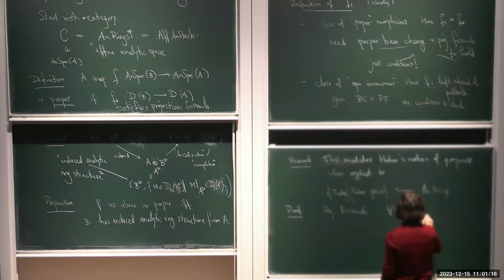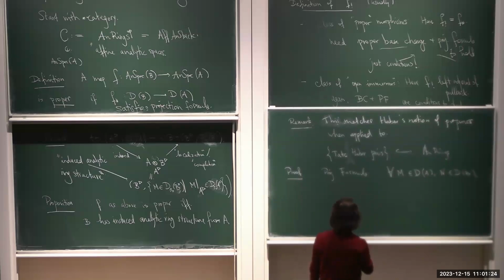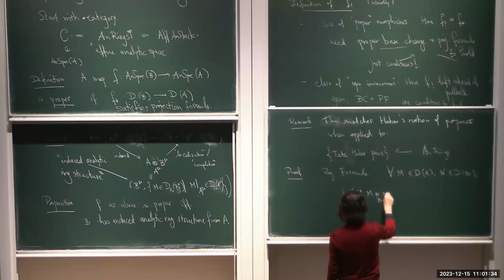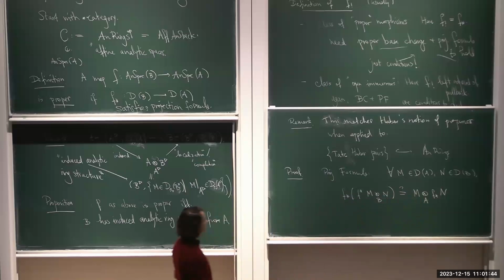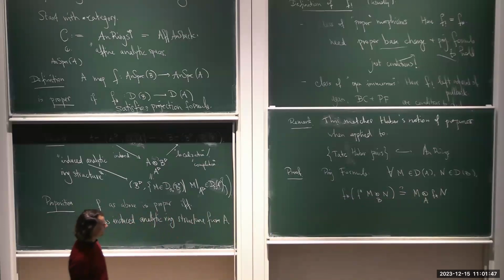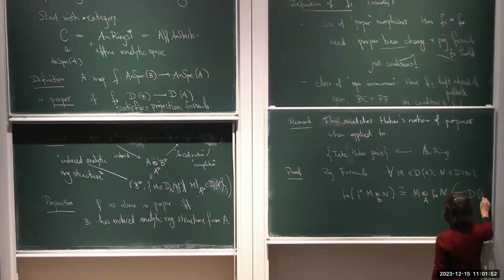For all N in D(A) and M in D(B), I want to ask whether f lower star of (f upper star M tensor over B with N) is the same thing as M tensor over A with f lower star N. So both sides here are A modules.